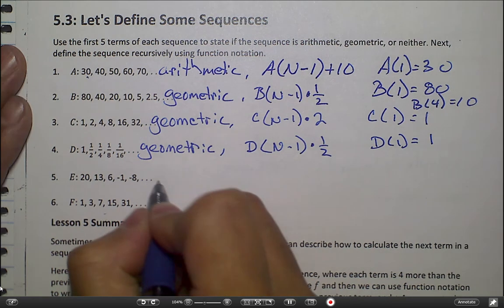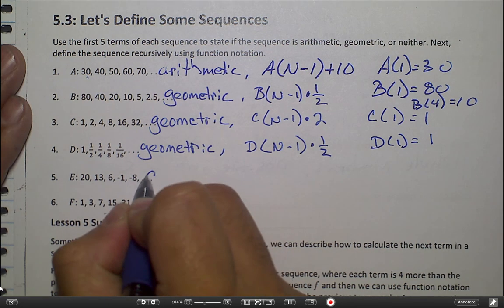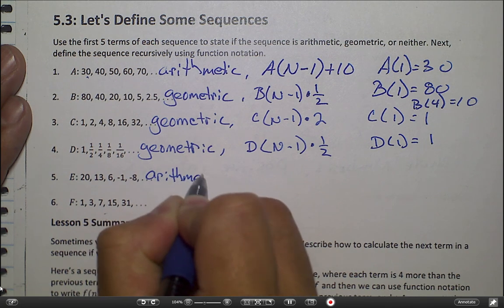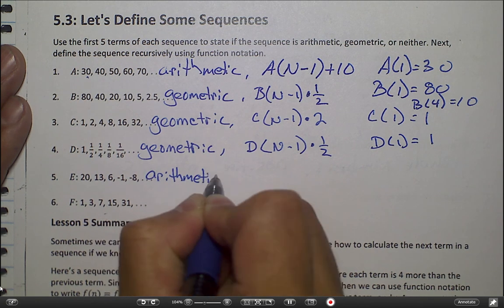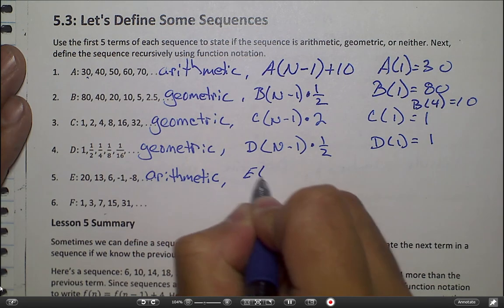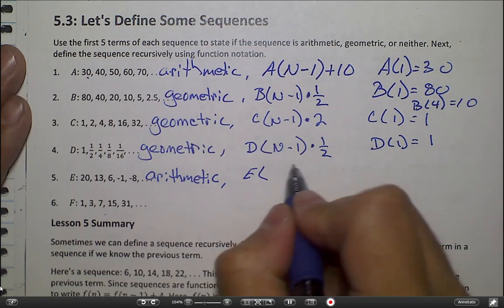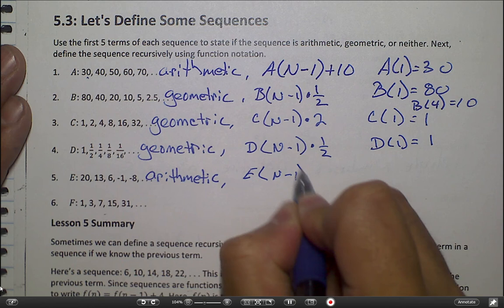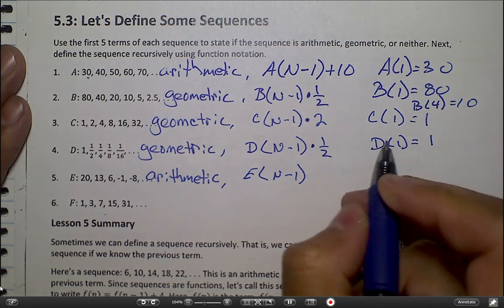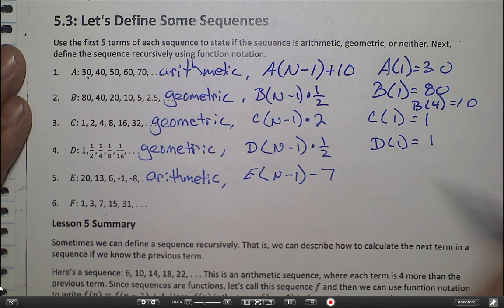Arithmetic. Okay, so I'm going to say that's going to be E of n minus 1, right? Because it's going to take the previous answer. And now what do I do with it? Minus 7. Excellent.